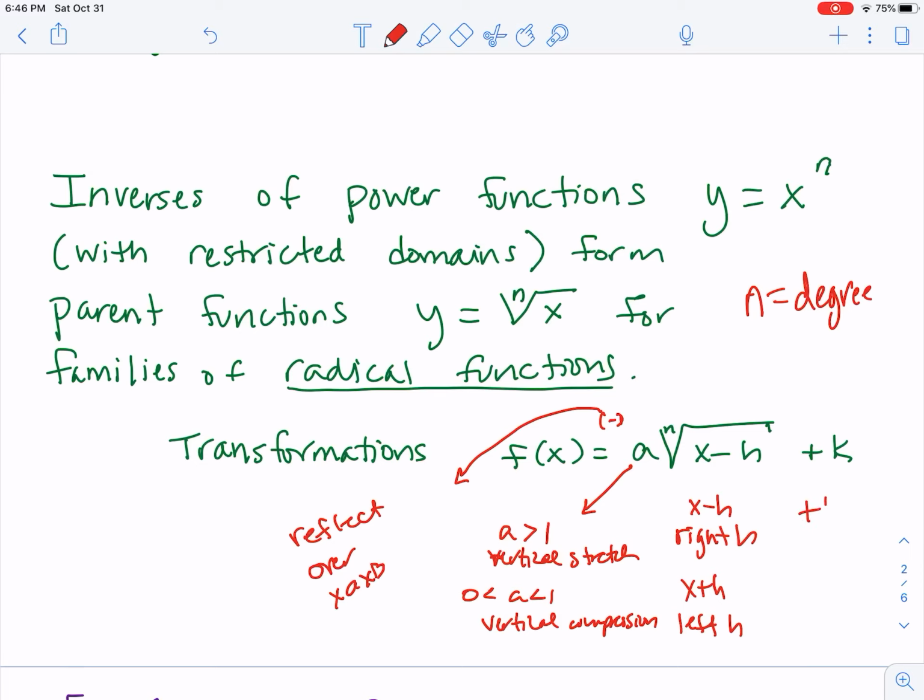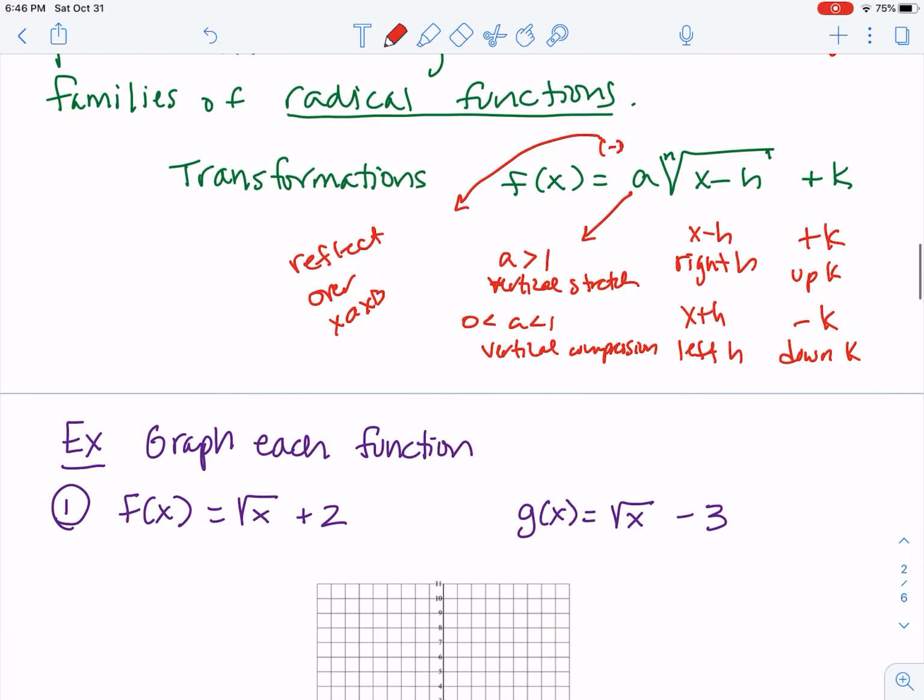Now, if I have a plus k, I'm going up k. A minus k, I'm going down k. And I'm doing the transformations based on whatever that parent function is. So if I had y equals x to the third, then y equals the cube root of x is that inverse. So we can apply this to any power function that has a degree of n.